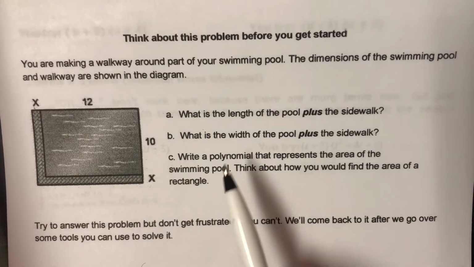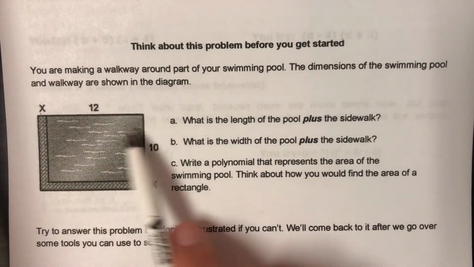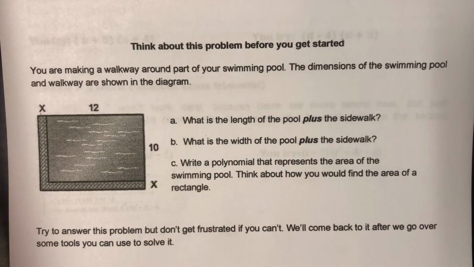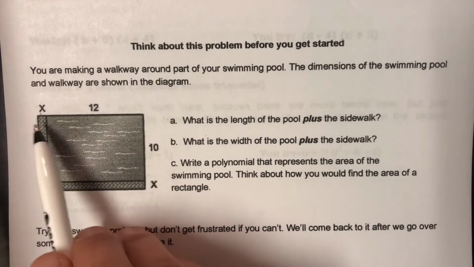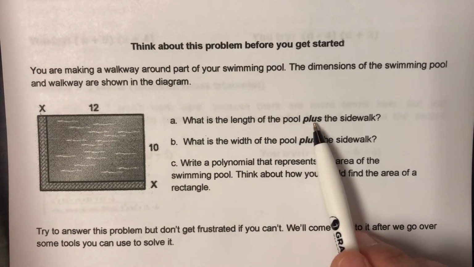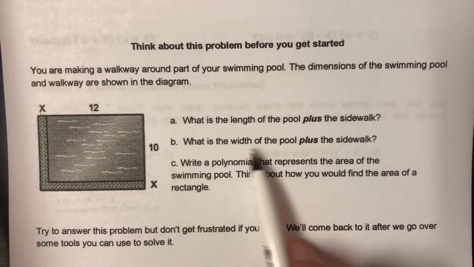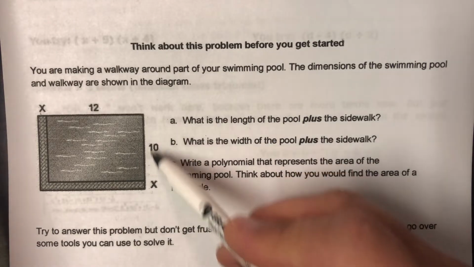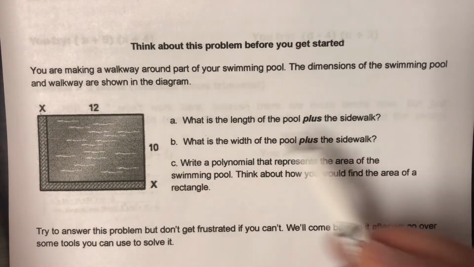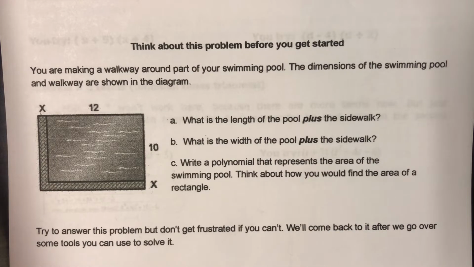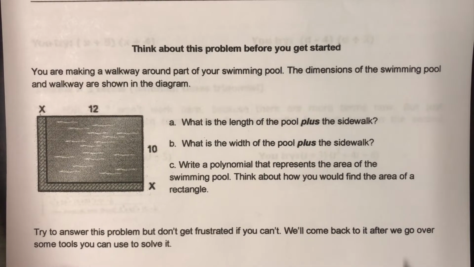So the question is, what is the length of the pool plus the sidewalk? So right here. So this plus is a hint of something that you need to do. And then what is the width of the pool plus the sidewalk? Okay, think about here, and this is another important word, plus.